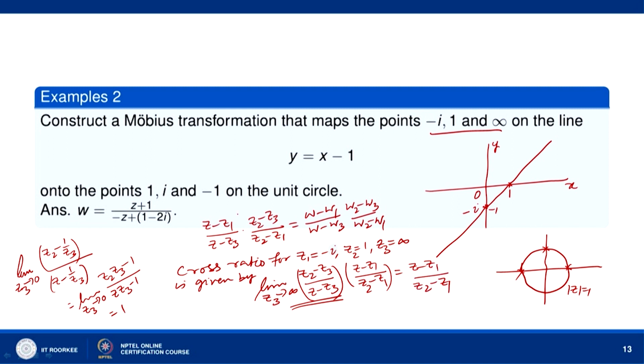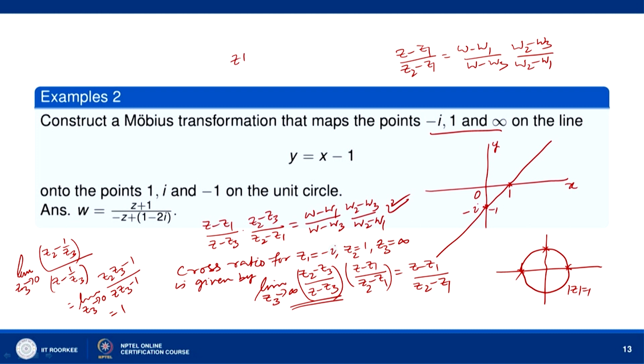So, this equation becomes (z minus z1) divided by (z2 minus z1) equal to (w minus w1) divided by (w minus w3) into (w2 minus w3) divided by (w2 minus w1). Now let us put the values here. z1 is minus i.